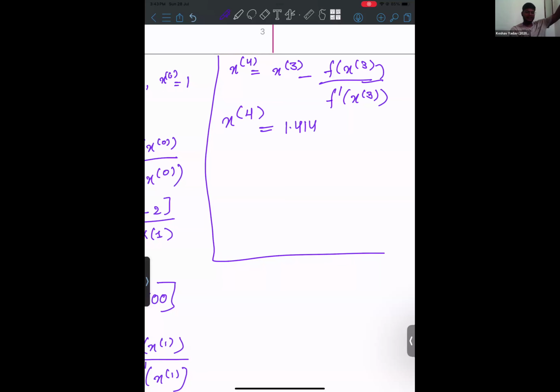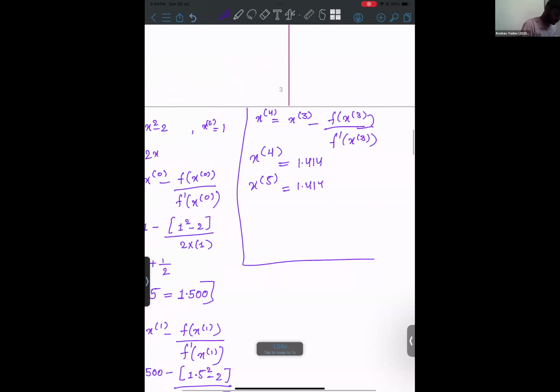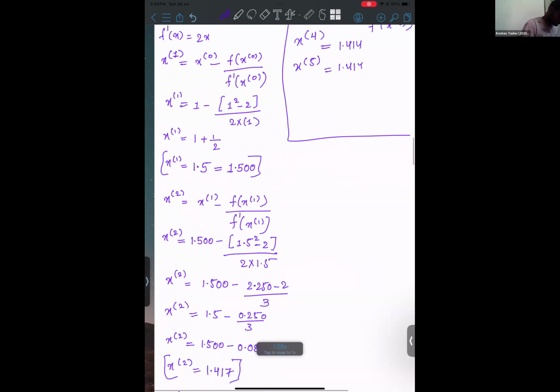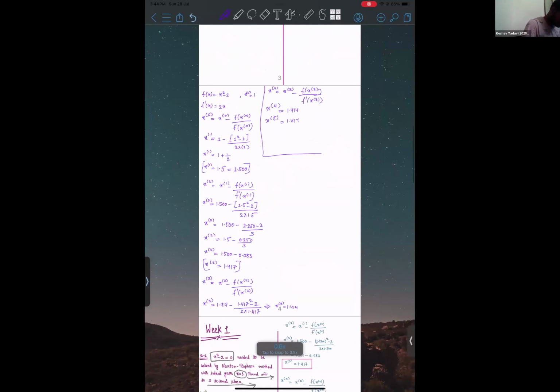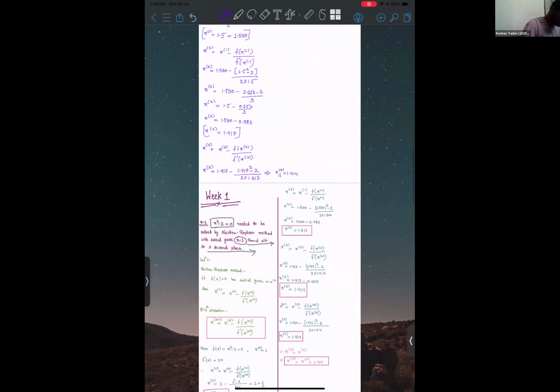At the earlier step, we found 1.414, and now we have found the same value, which means the solution has converged. If we move forward, the fifth iteration will also give the same value. Yeah, this is correct.